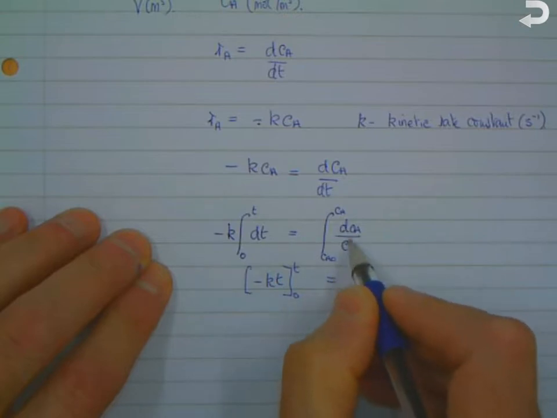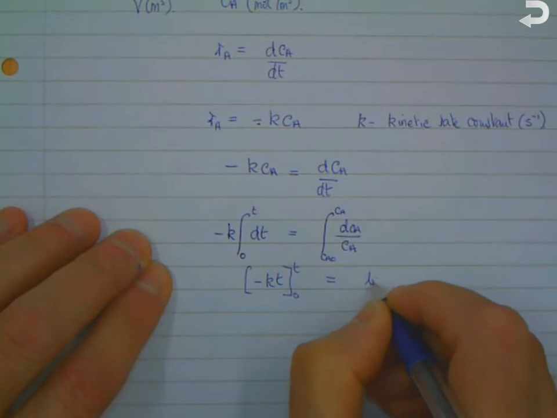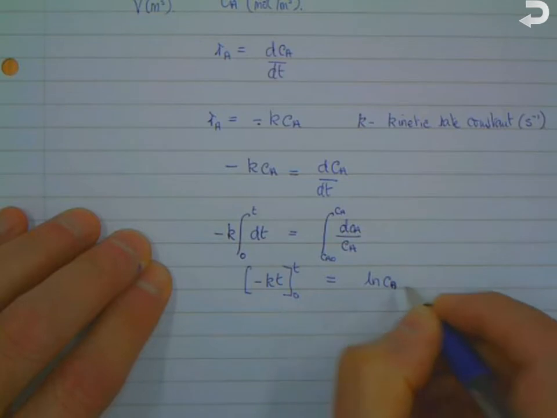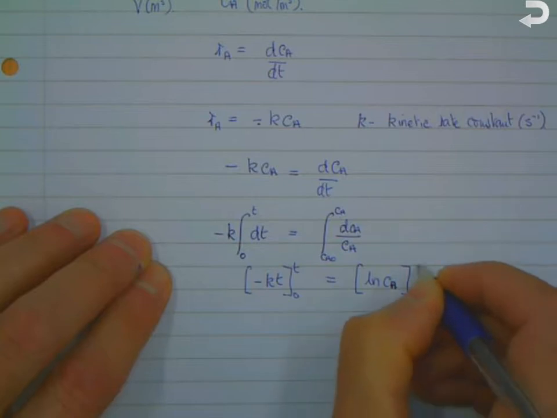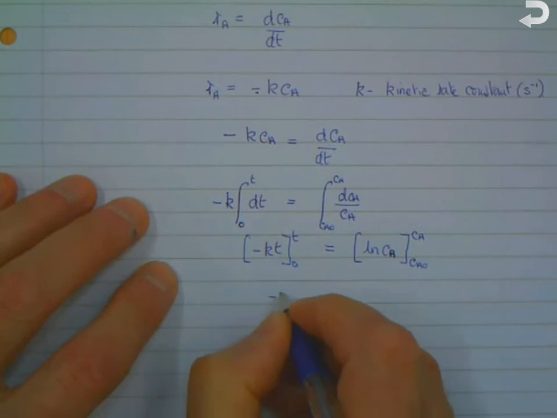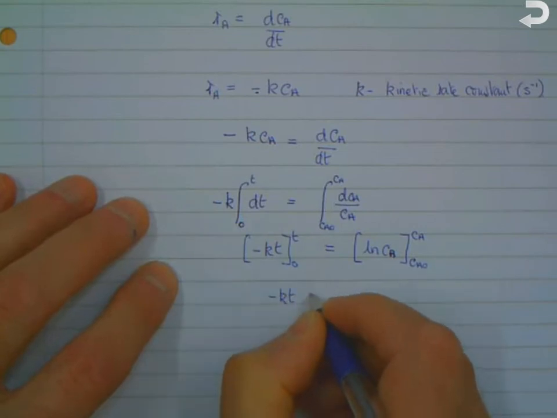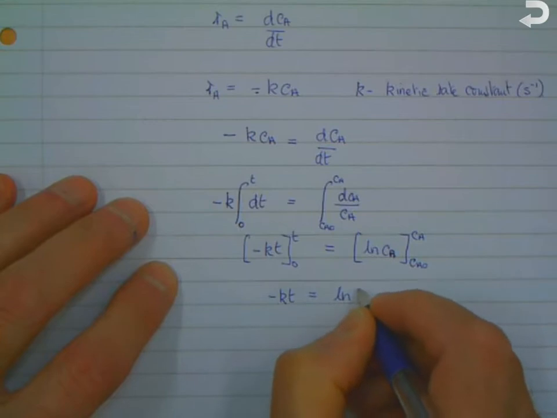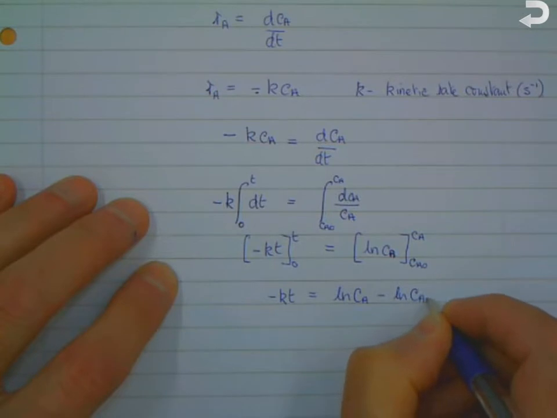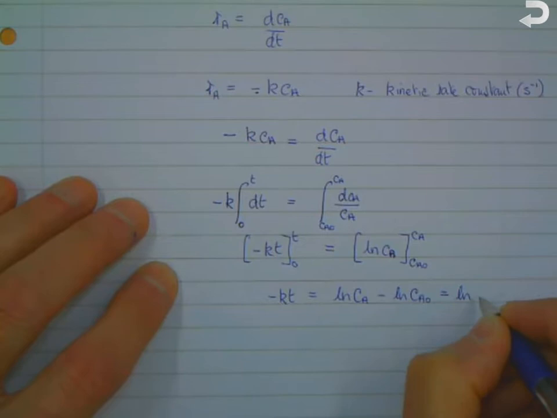An integral of 1 over Ca dCA is a log term, log of Ca, and again that's between those limits of Ca0 and Ca, and that gives you minus Kt equals log Ca minus log Ca0, which is simply the log of Ca divided by Ca0.